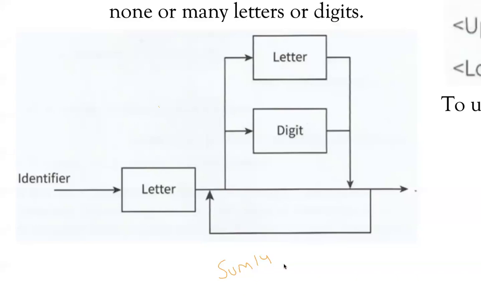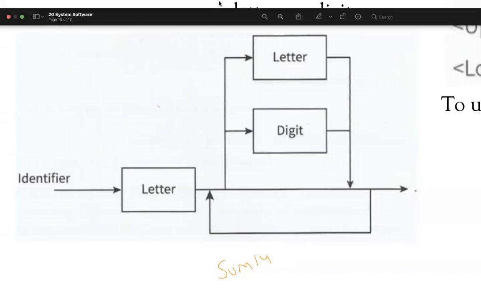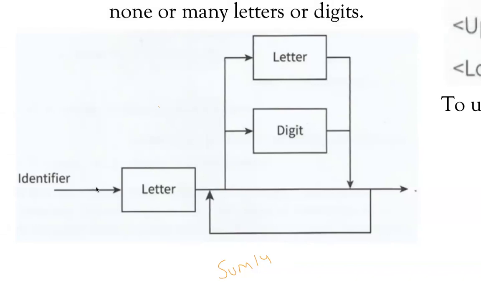But the thing that it is making sure that I cannot deviate from is that I have to start with a letter. I have to. There is no option here. There's no way of skipping this rule. If I had something, for example, like this, then that means that I can start with either a letter, or I can go from nothing directly to a digit.